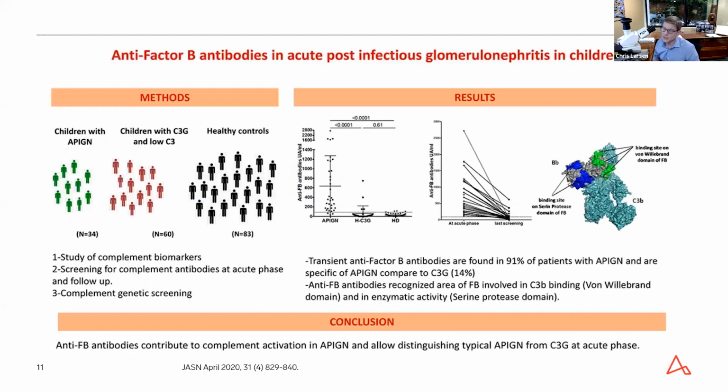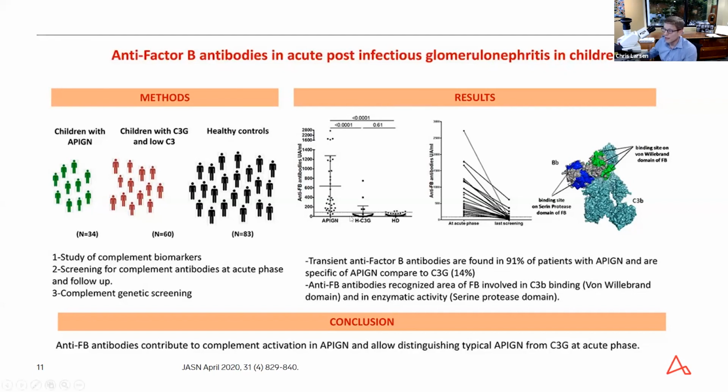It was a retrospective study, and it indicates that perhaps there might be a way to identify these patients with infection-associated glomerulonephritis who will have a typical versus an atypical course. It specifically showed that greater than 90% of children with acute post-infectious glomerulonephritis, so the typical one, have overactivation of alternative complement pathways that's driven by transient autoantibodies to factor B.